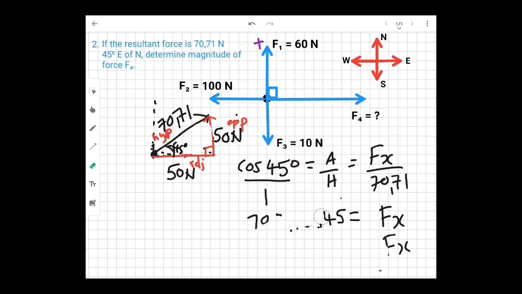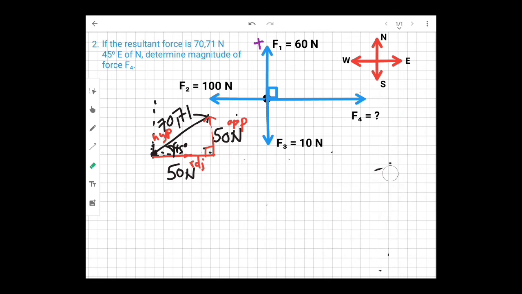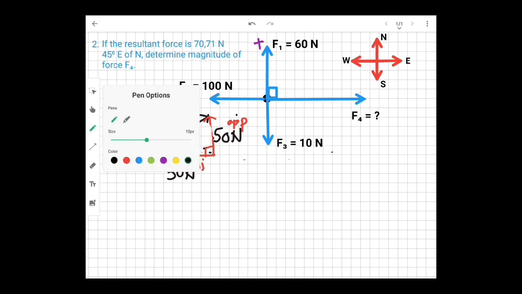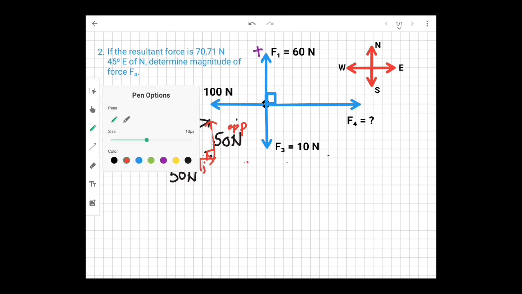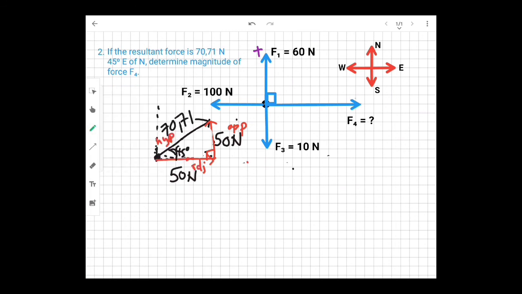So how does this help us to get what F4 is? Well, we know that the sum of the forces along the x is found by adding the forces along the x. In other words, the 50 newtons, which is the sum along the x, is equal to a negative 100 plus force F4.